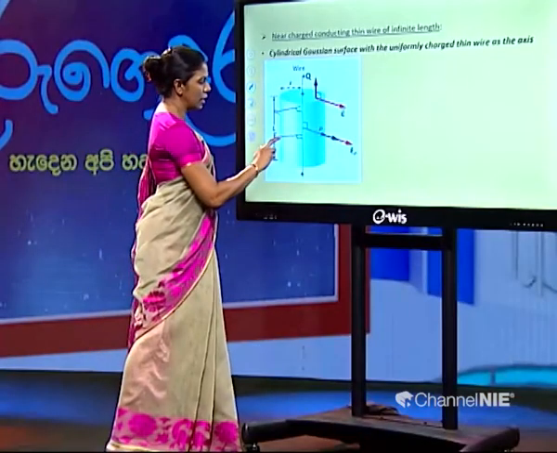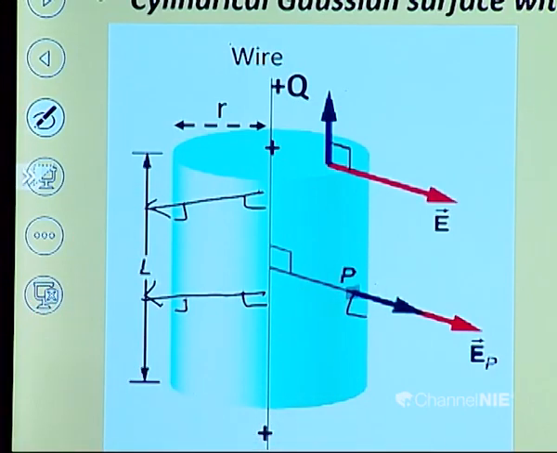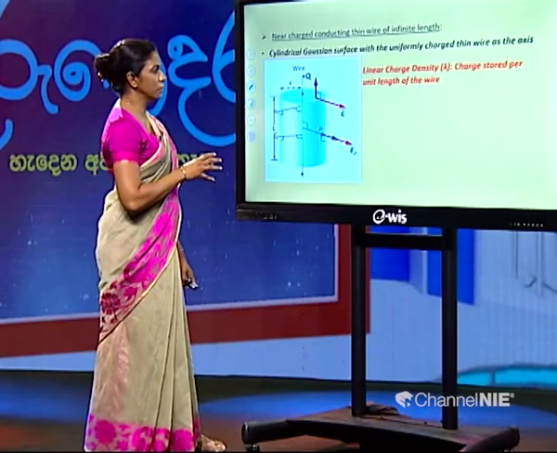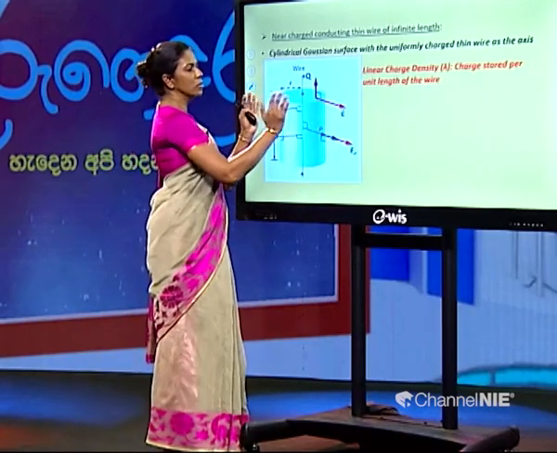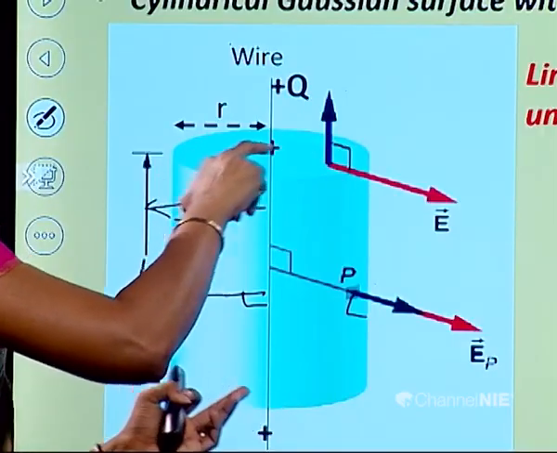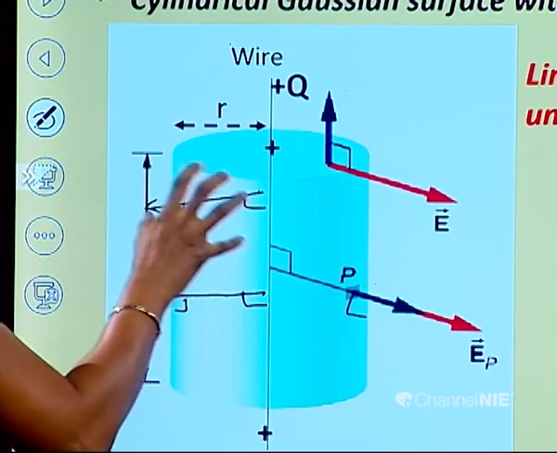So, all the field lines will be perpendicular to the Gaussian surface also. If I try to substitute into the equation, the Gaussian surface encloses a certain portion of the wire, and I am applying the flux model and Gauss's theorem to that part.